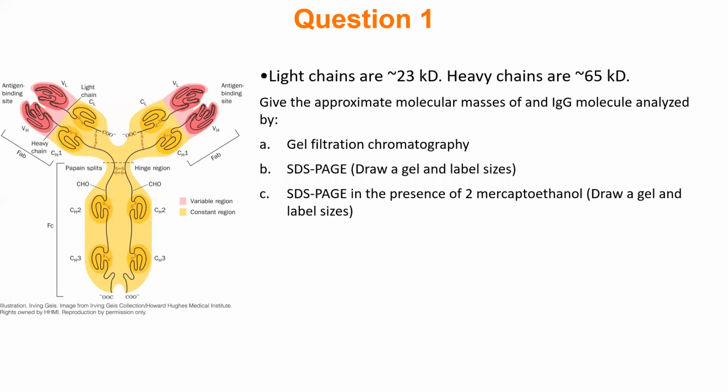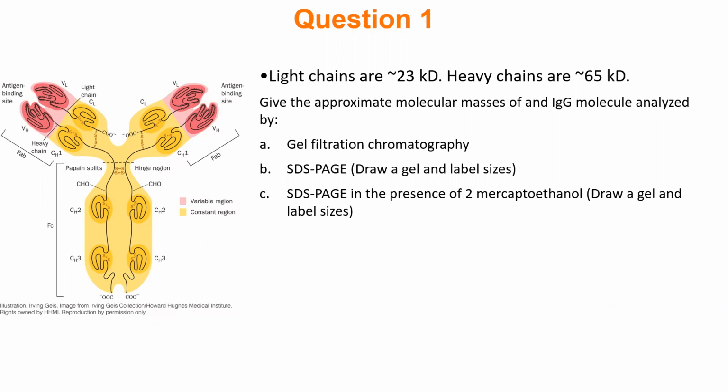So let's get some biochemistry here, using that image on the left. I'm telling you that light chains are 23 kilodaltons, heavy chains are 65 kilodaltons. And remember, a kilodalton is just a unit of weight we use for biochemistry and chemistry. I want you to tell me, if I do an experiment with gel filtration, what would be the mass of my IgG?